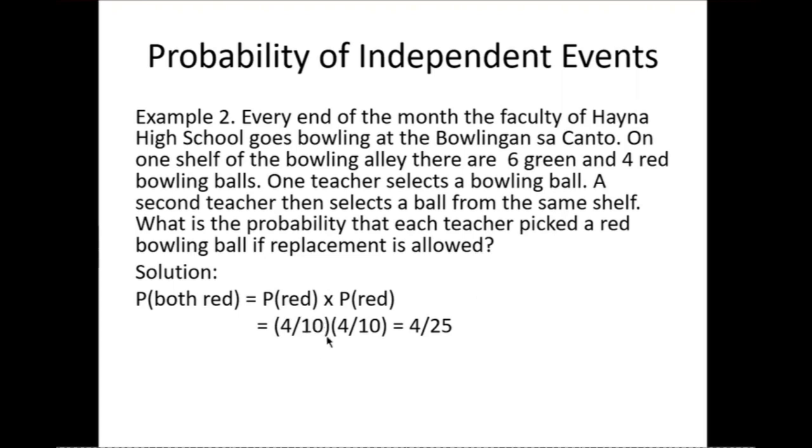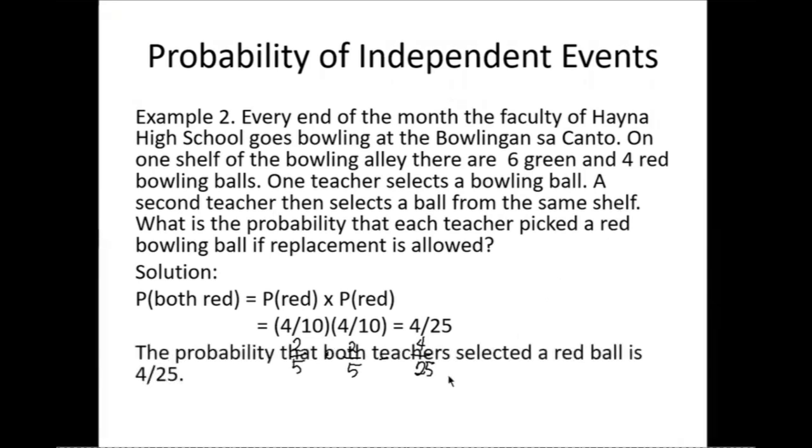So we have 4 over 10 times 4 over 10, and that's 4 over 25, since 4 out of 10 is the same as 2 over 5. So 2 times 2 is 4 and 5 times 5 is 25. So finally, the probability that both teachers selected a red ball is 4 over 25. Okay? And that's it.